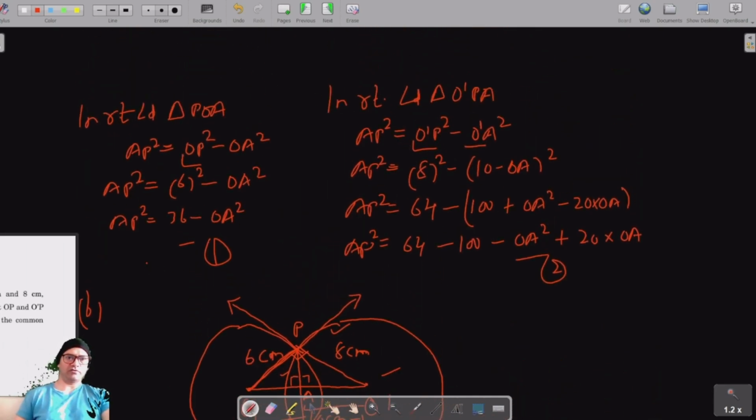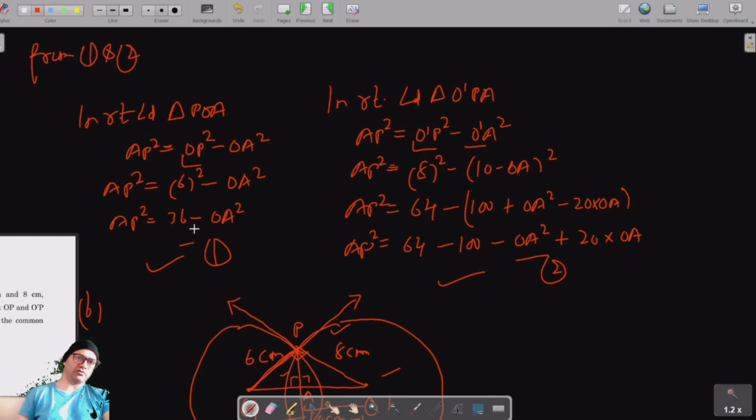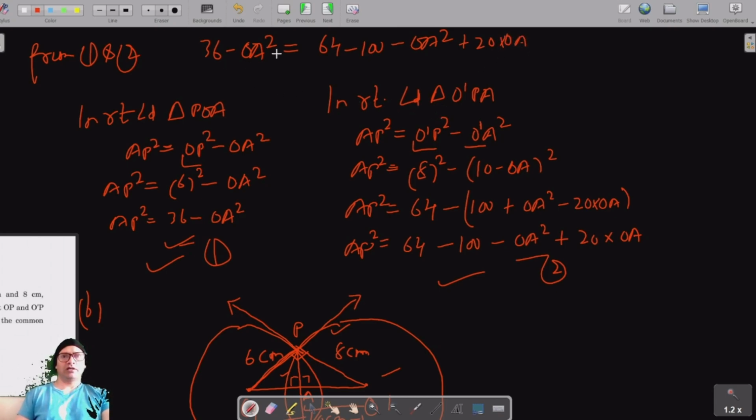Now from 1 and 2, this is 1 and this is 2. So we can say that 36 minus OA square is equal to 64 minus 100 minus OA square plus 20 into OA. Now negative OA square gets cancelled.